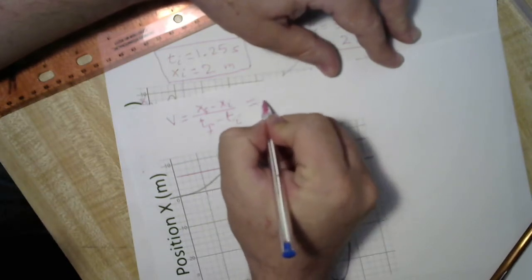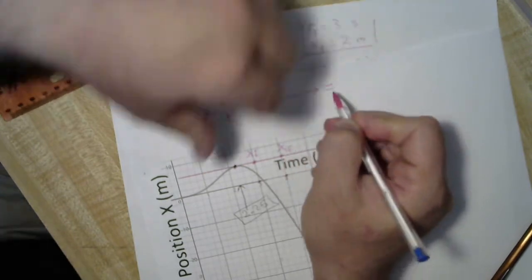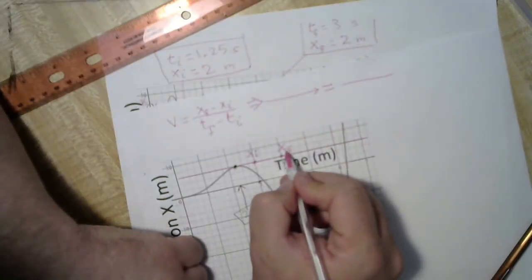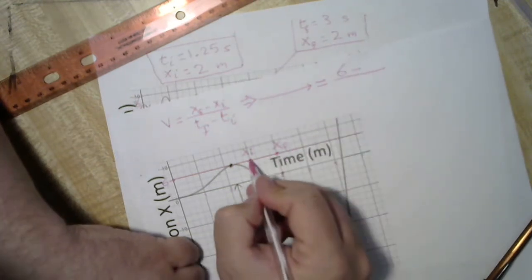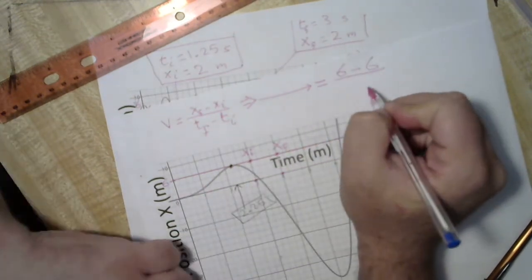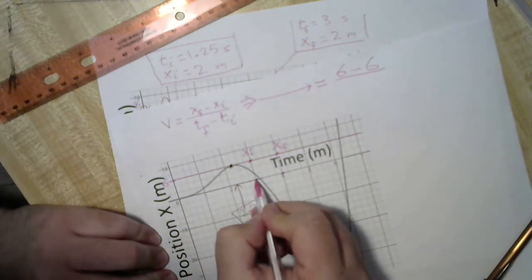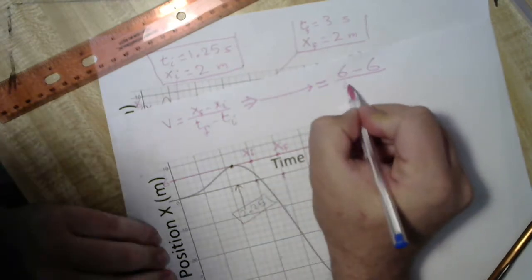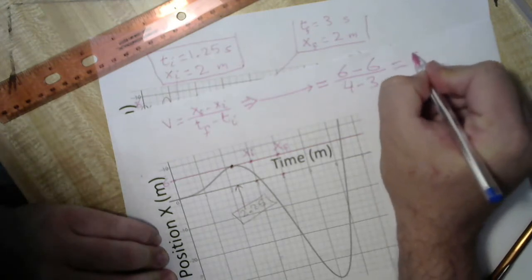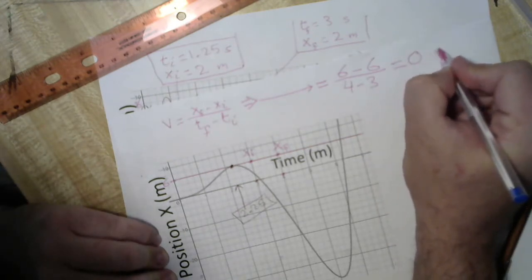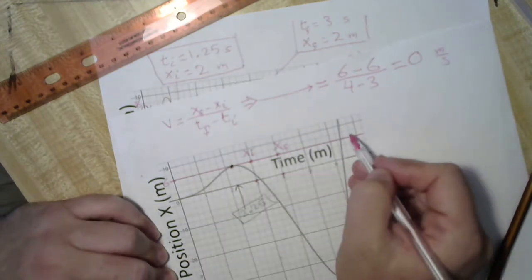So this will be equal to x final, which is 6, minus x initial, which is the same point 6, because my tangential line is horizontal. The change in time is t final, 4, minus the initial time, 3. In this case I have 0 meters per second, which is the slope of the horizontal line.